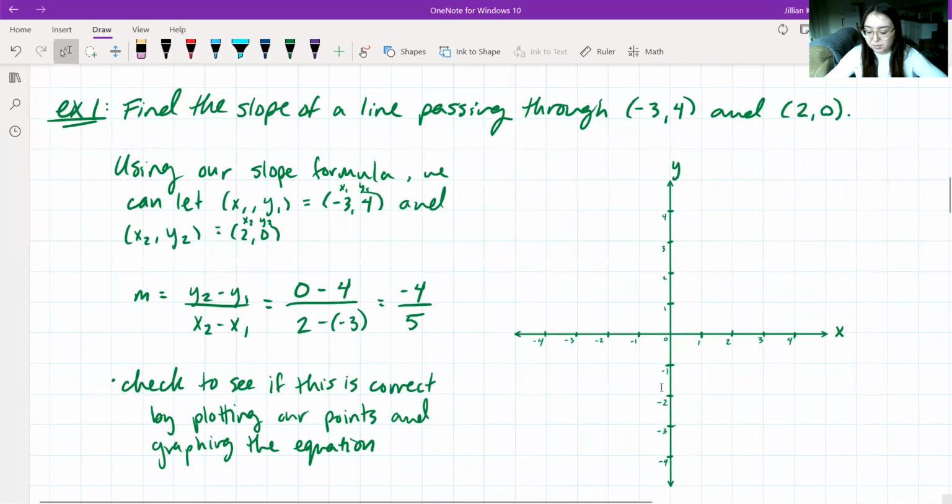Finding -3 first on our graph, we start at our origin, track 3 spots to the left, and up 4. So we get our point -3, 4. Then we have 2, 0. Starting at our origin, we track 2 to the right, and then our y value of 0. So this point is our x-intercept. This is 2, 0.